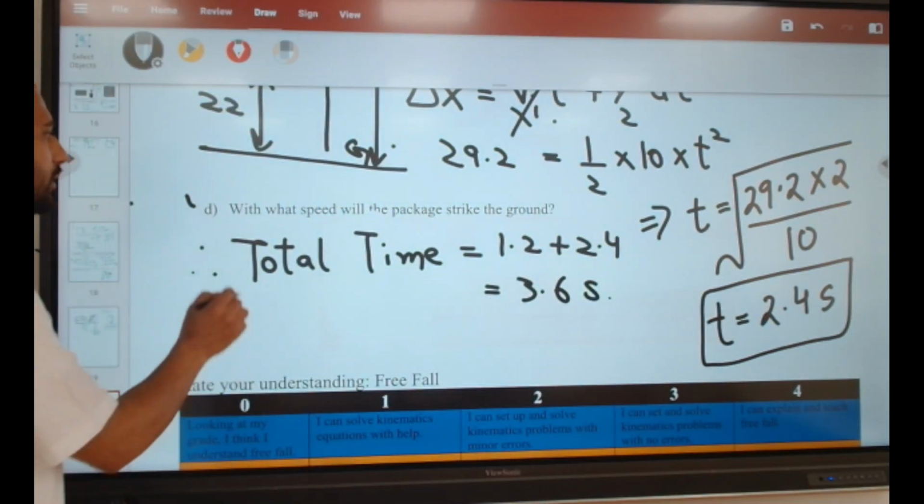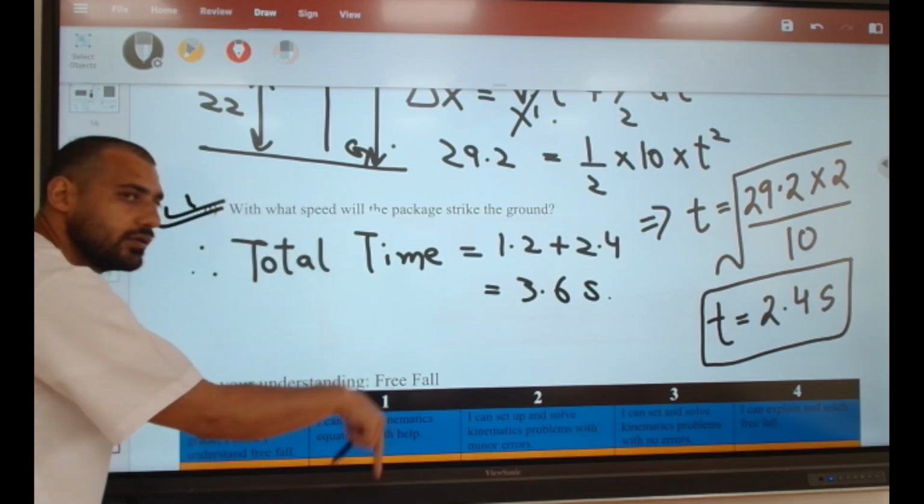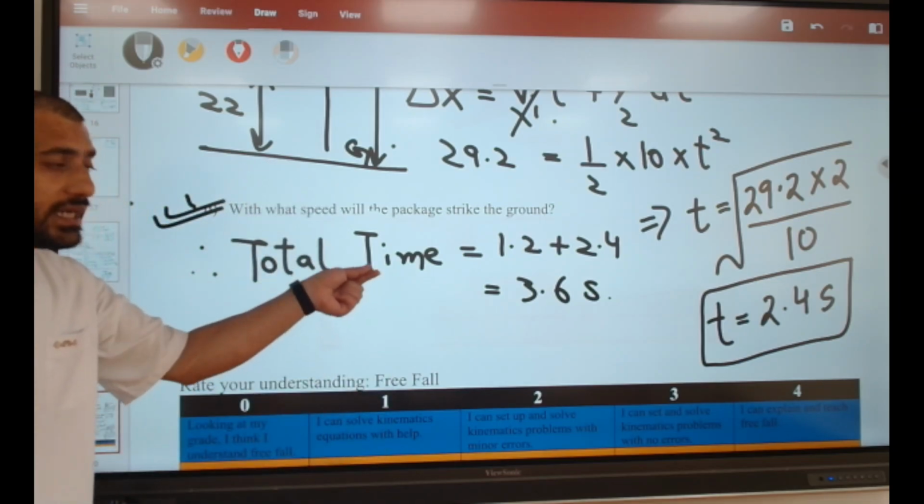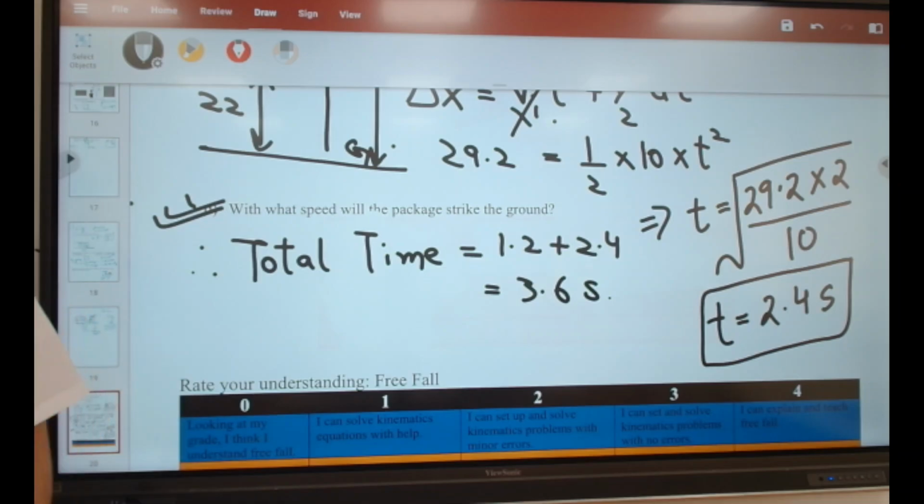No, the last part. Solve this question here only. What will be the speed when it strikes the ground? Not the acceleration, the speed.